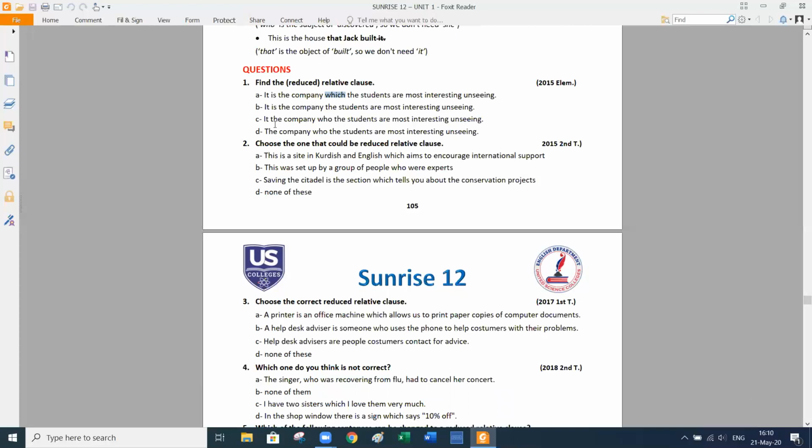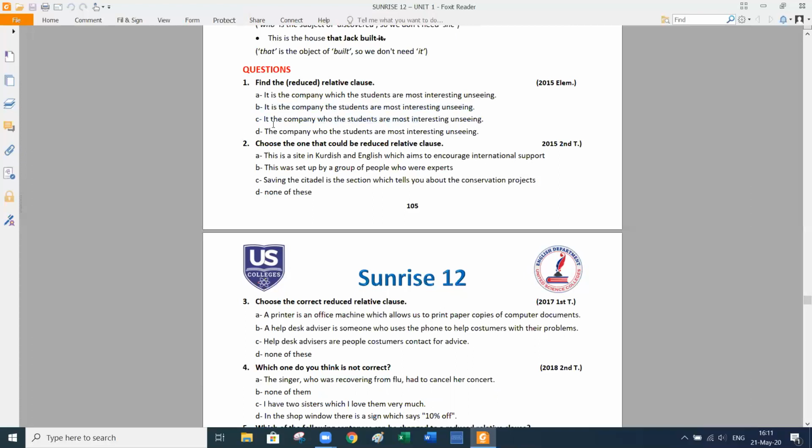And B says it is the company the students are most interested in seeing. Now, as you can see in this one, we don't have a relative pronoun here before the students. So this sentence is reduced. So our correct answer should be B. It's the correct one.